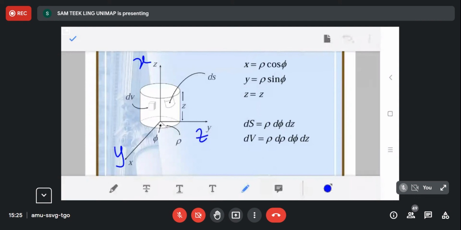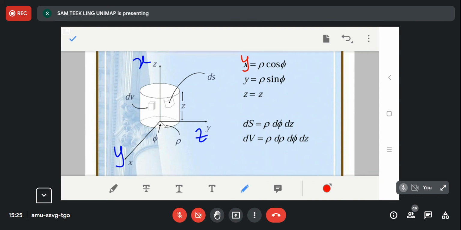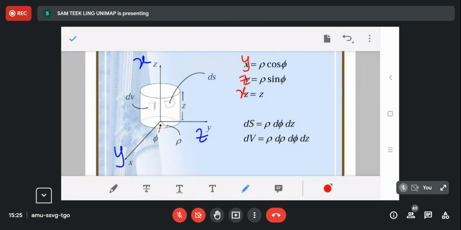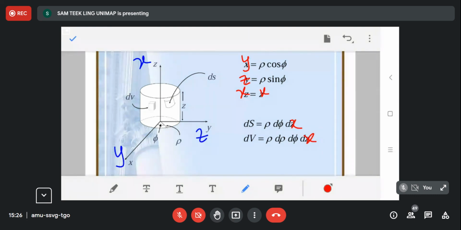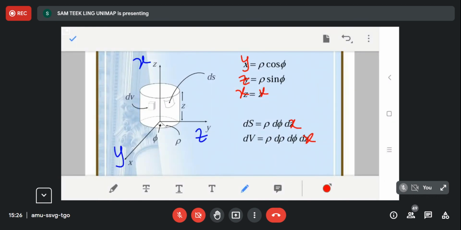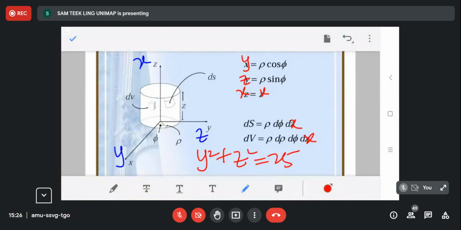You change like this: X now becomes Y, Y becomes Z, Z becomes X. So you will use this: Y equals R cos theta, R cos phi, Z equals R sin phi, X equals X. This formula is only for that question, question 3, where Y power 2 plus Z power 2 equals 25. So your X is 0 to 10.